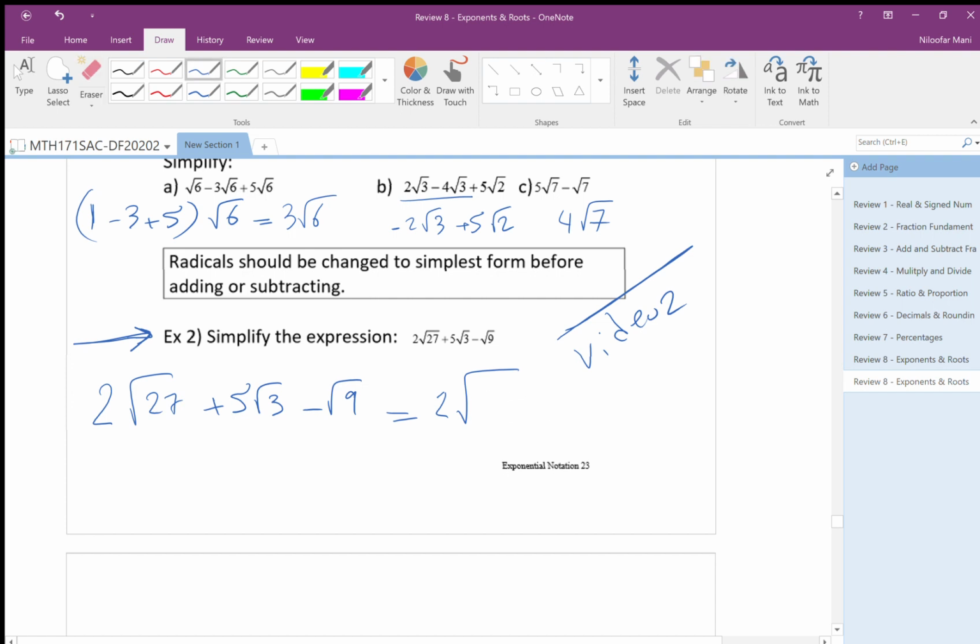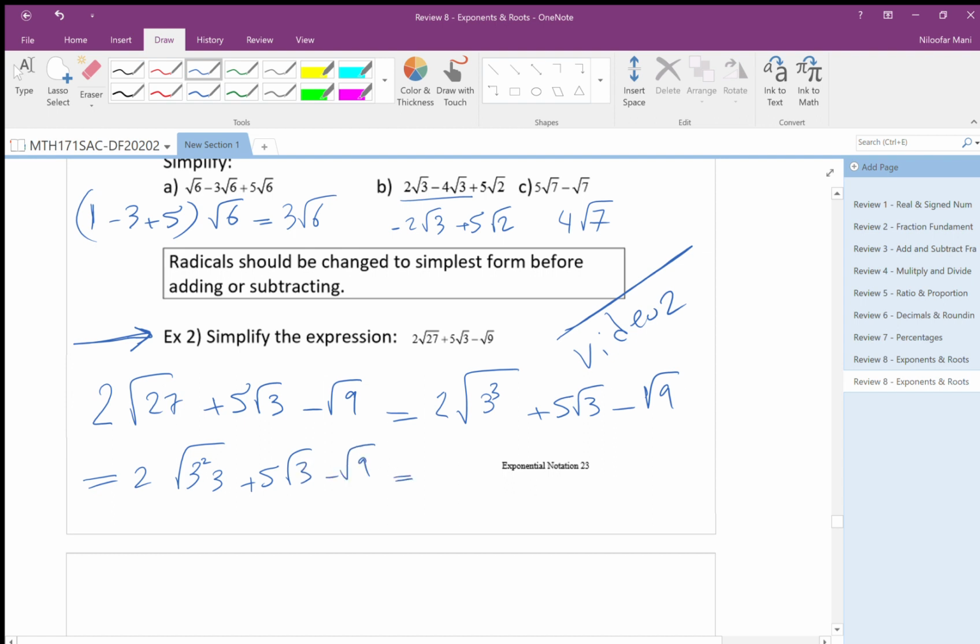So maybe I can do it step by step. 3 power 3, plus 5 radical 3, and minus that, equals 2 radical 3 squared times 3 plus 5 radical 3 minus that.